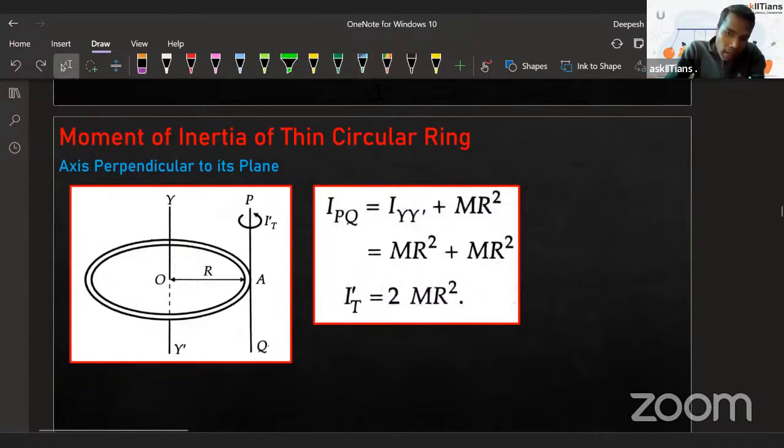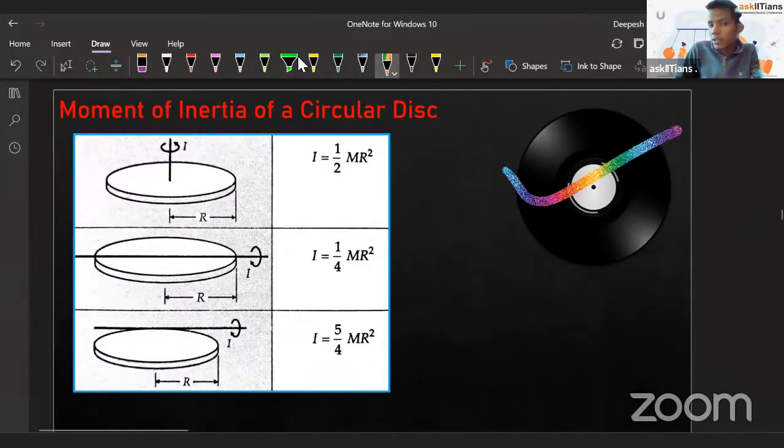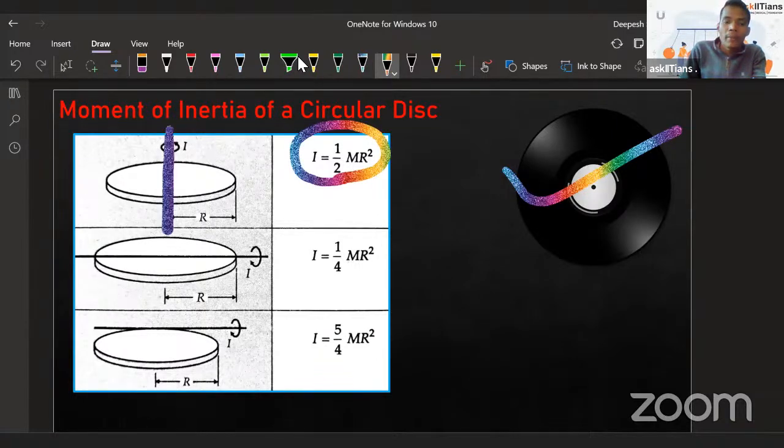So this is how you can calculate the moment of inertia for any other body as well. If I'm talking about a circular disk, you all know what a disk looks like. For a disk, the moment of inertia passing through the center is half mr square.